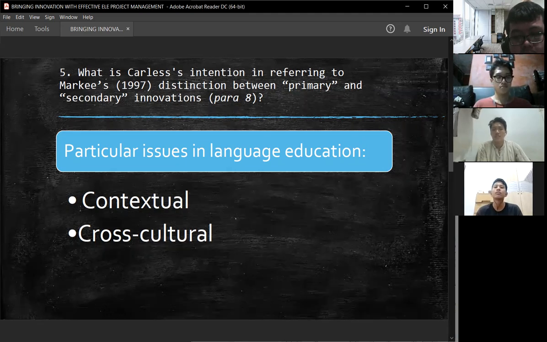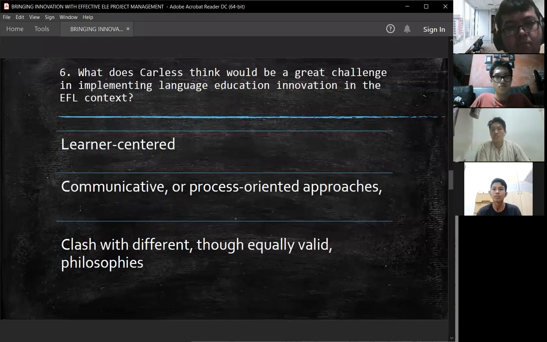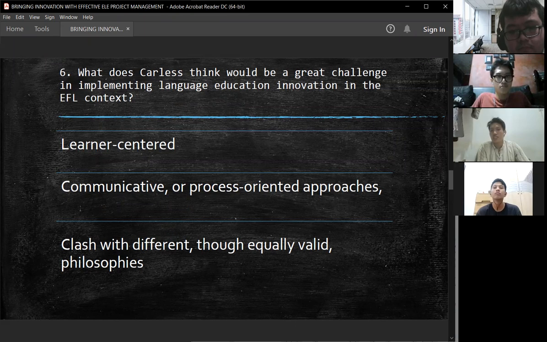And then we move on to the sixth question, which is about what Carless thinks would be a great challenge in implementing language education innovation in EFL context. So in implementing language education innovation in the EFL context, there are some great challenges stated by Carless.